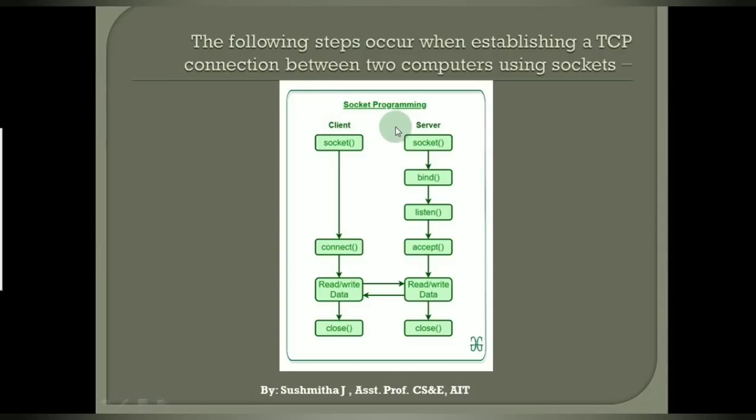The server creates a socket, and then it is going to bind to that socket. The socket is created with a port number, so the server is going to bind to that socket. Now the server is going to run a listen API where it goes into a waiting mode.